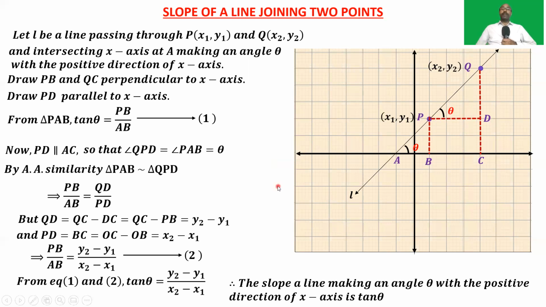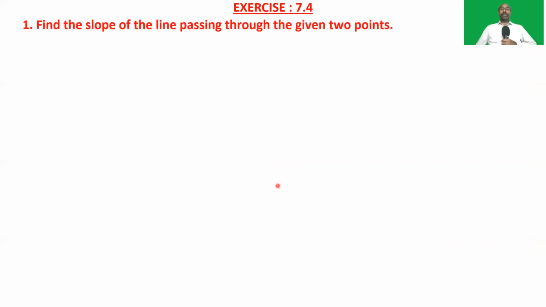Okay, now let us solve the problems in exercise 7.4 based on this concept. Exercise 7.4. The first one: find the slope of the line passing through the given two points. First one, (4, -8) and (5, -2).